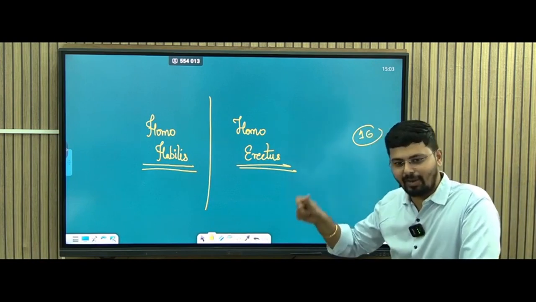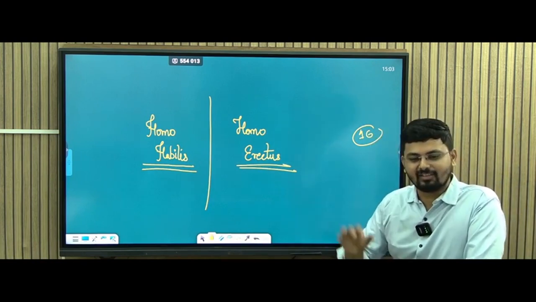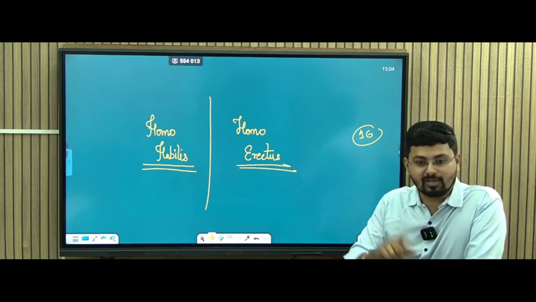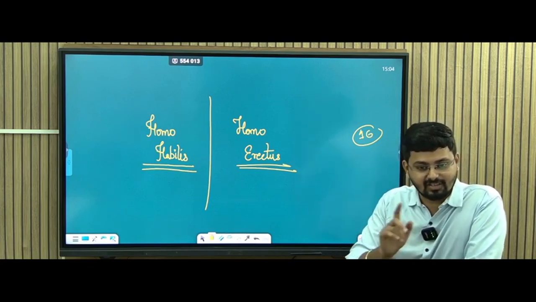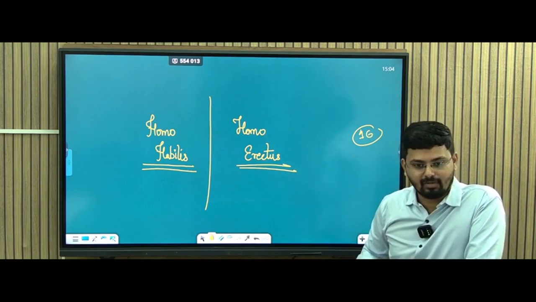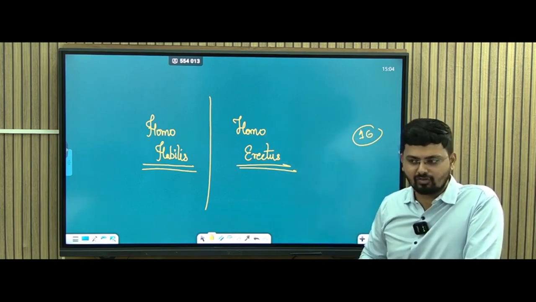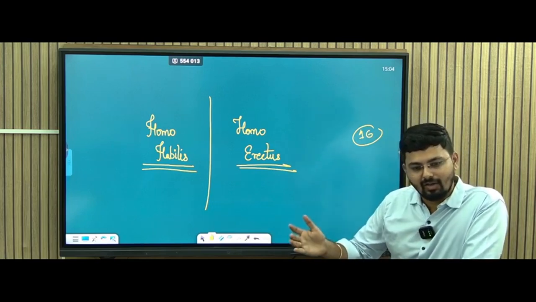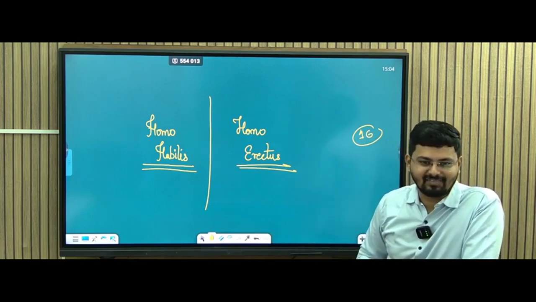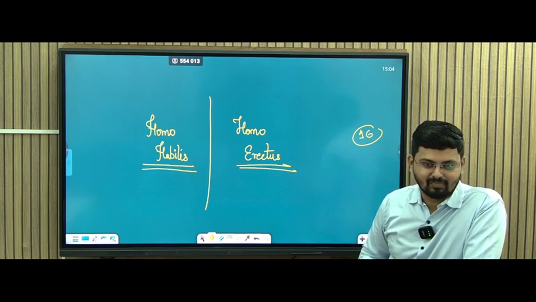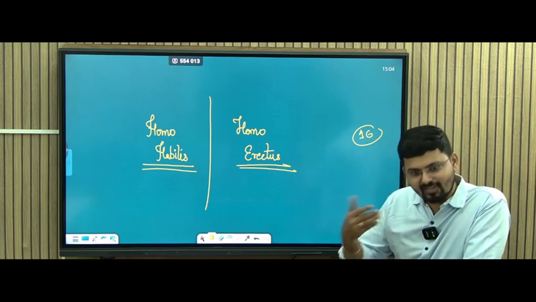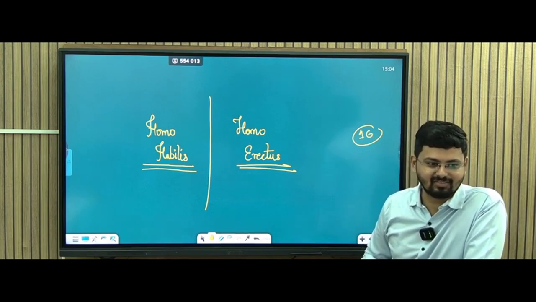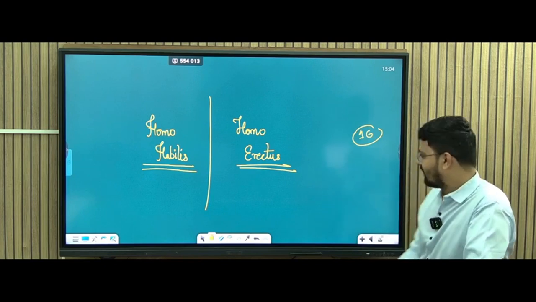It is having primate-like features, and at the same time it is having human-like features. See, robustus is having sagittal crest. Sagittal crest is a primitive feature, so a primate feature. So robustus is close to primates, but it is having a flat face. Robustus only has sagittal crest. Gracile won't have sagittal crest.